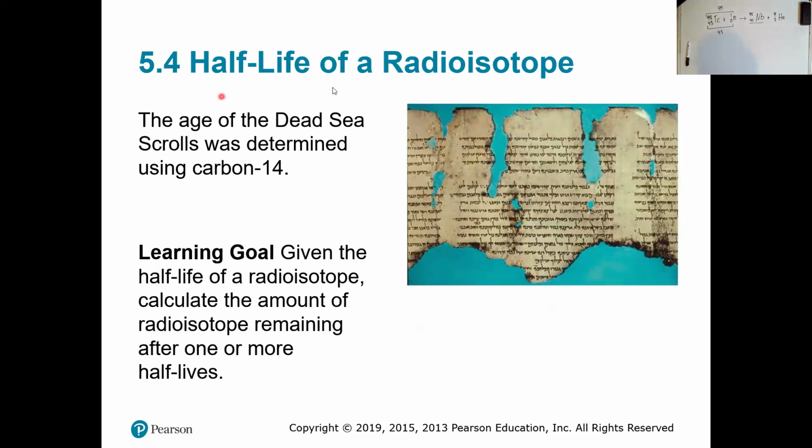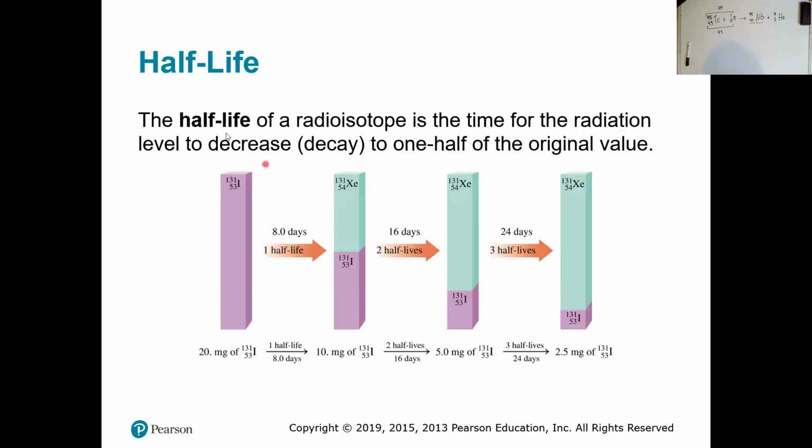The next section talks about half-lives of radioisotopes and how you go through determining the age of some things, or how much of a particular isotope is left after a certain amount of time passes. To talk about half-lives, we really need to understand what a half-life is.